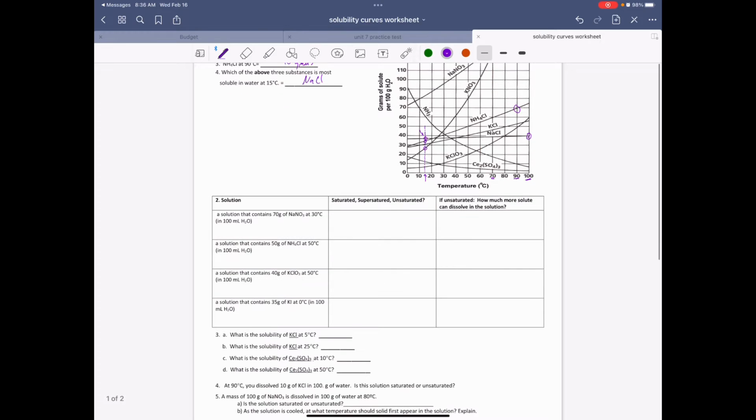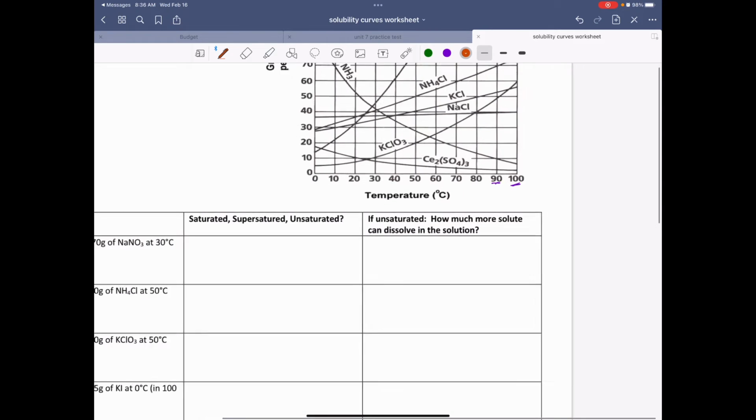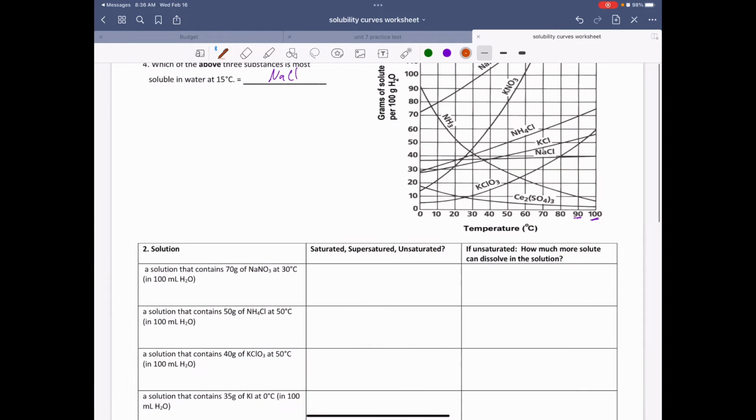All right, moving on. Actually, hold on, let me just quickly erase what I've done here. Okay, and back we go. A solution that contains 70 grams of sodium nitrate at 30 degrees. 30 degrees, right there. 70 grams at 30 degrees is right here.